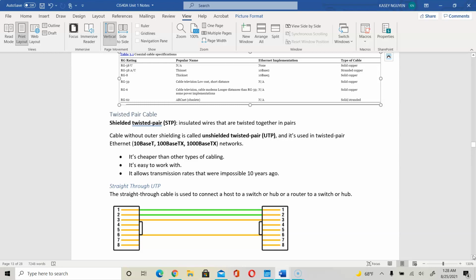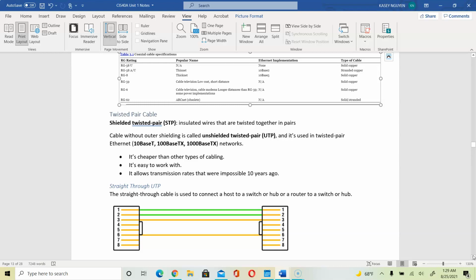The shielded twisted pair would have a layer of foil, and that foil is used to protect from interference, from elements, and so on.